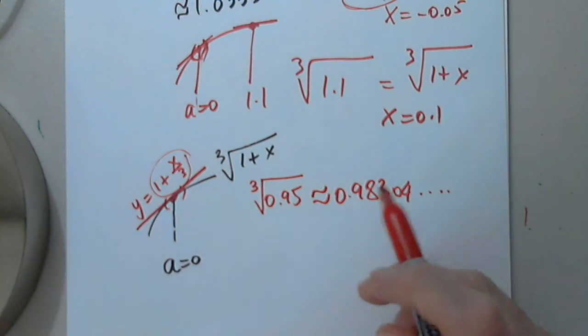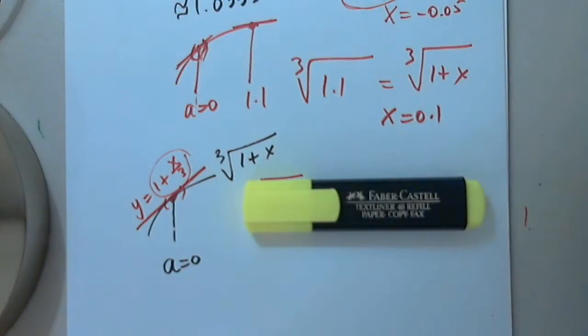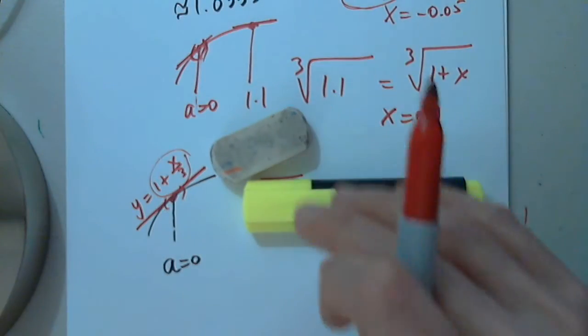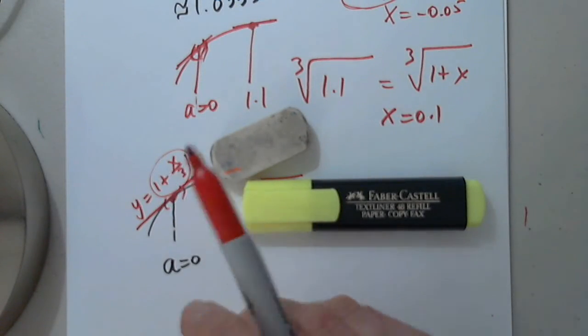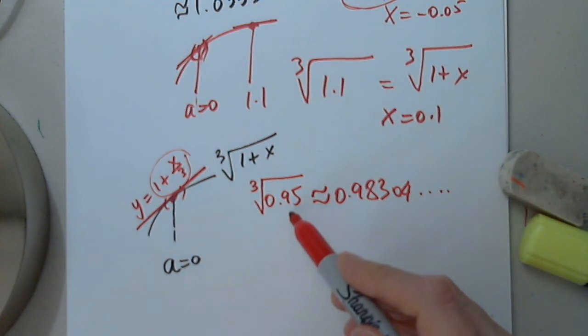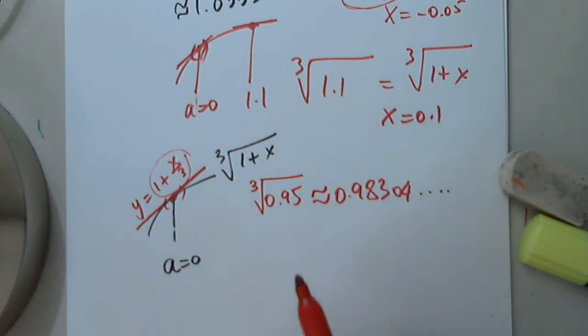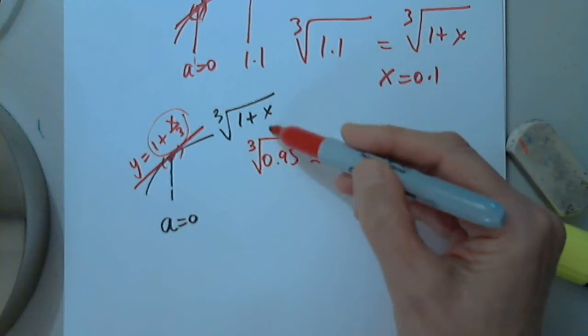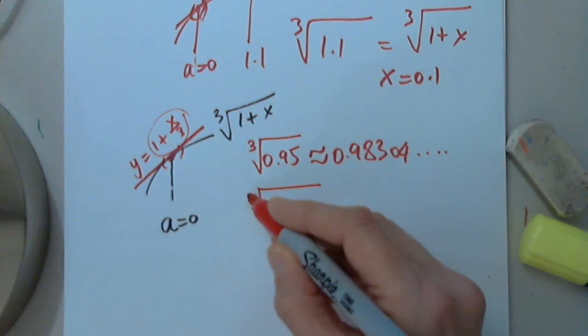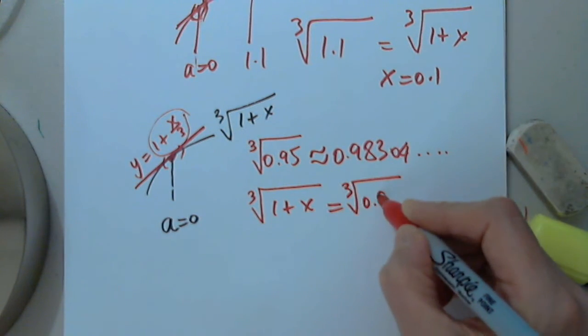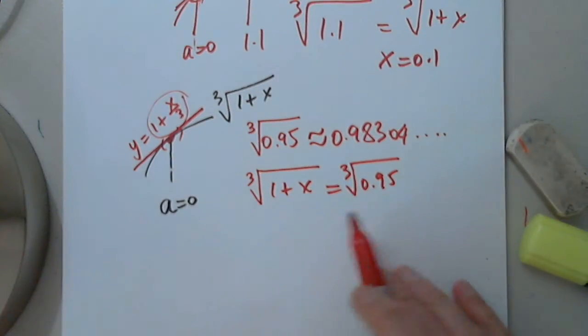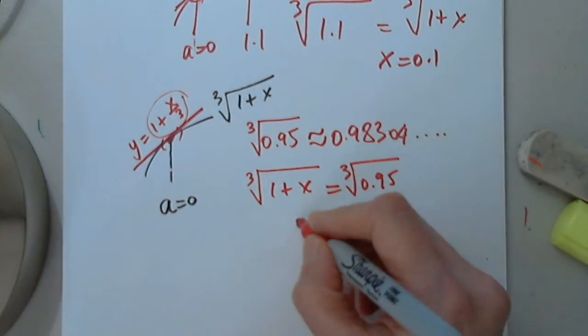But now they said, forget about this. I want you to use the line to approximate the cube root of 0.95. But because I have this function, by comparison, or by setting them equal to each other, I have to find x.